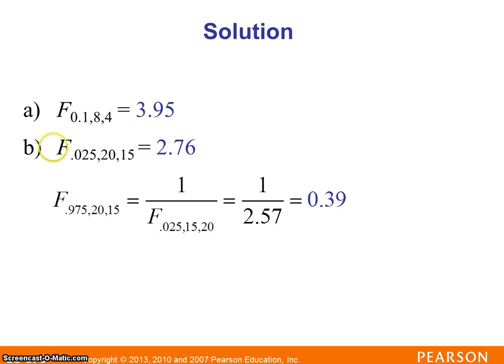Sorry, there's nothing for 0.975 in the table, so what you'd want to do is compute 1 over that number, switching the degrees of freedom around. Now this number you can look up in the table, that will give you 2.57, and then it's just 1 over that number.